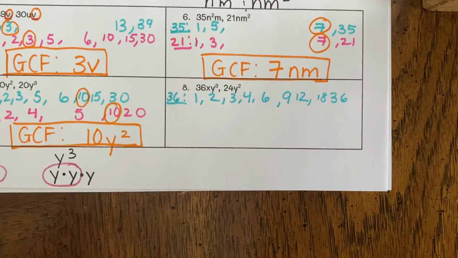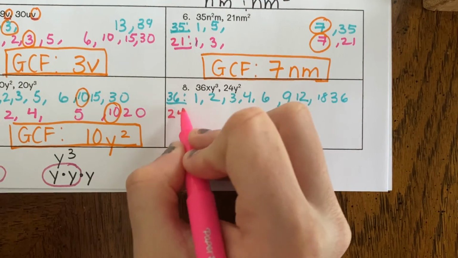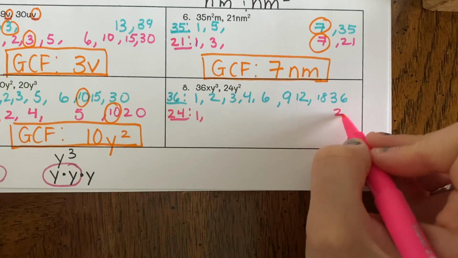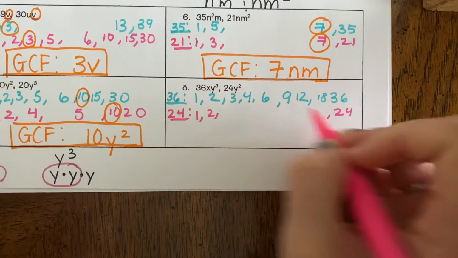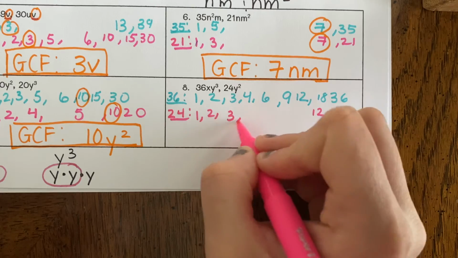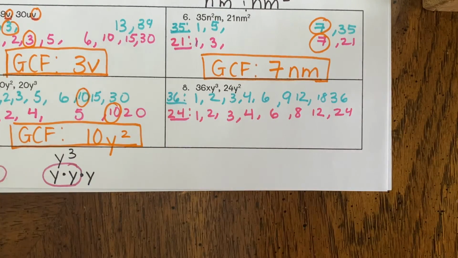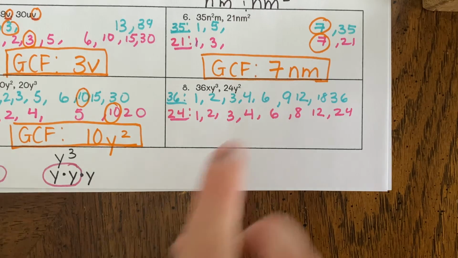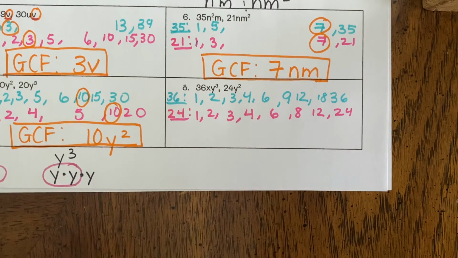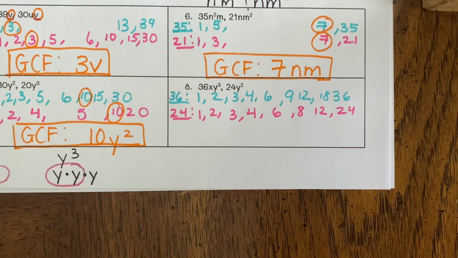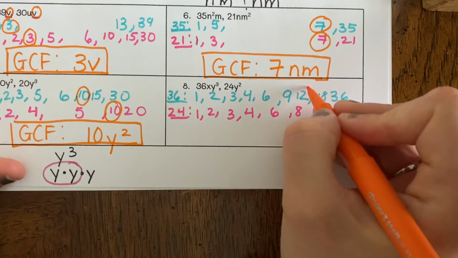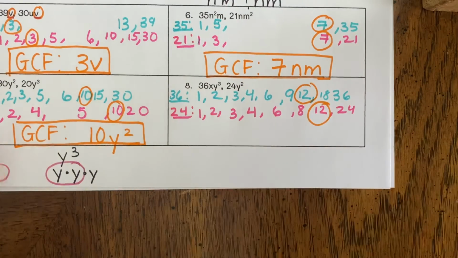And then if I do 24, I have 1 and 24, 2 and 12, 3 and 8, 4 and 6, and those are all the factors of 24, because then 5 doesn't go into 24, and then we're back at 6 times 4. So number-wise, my GCF would be 12 from 36 and 24.